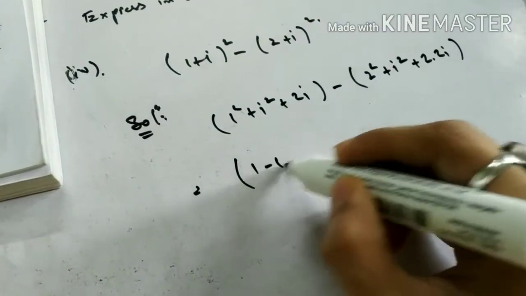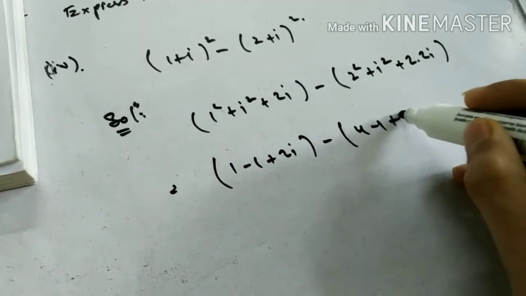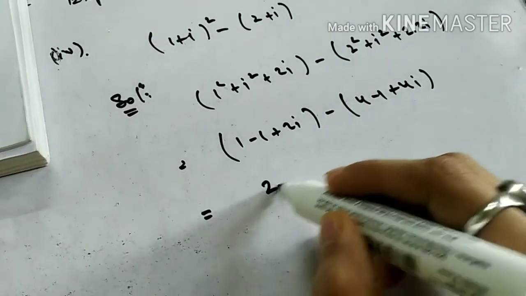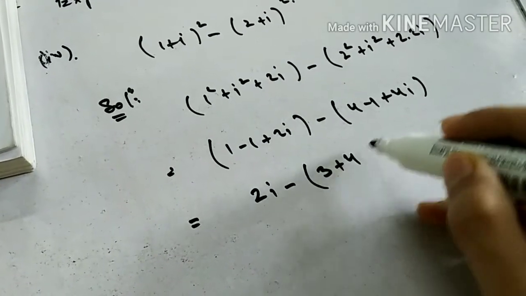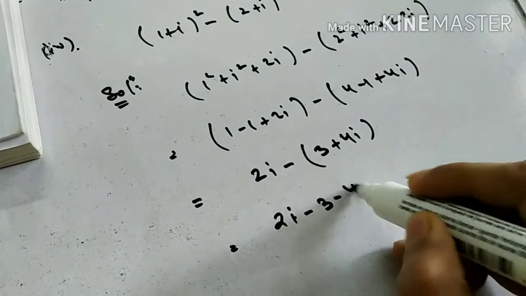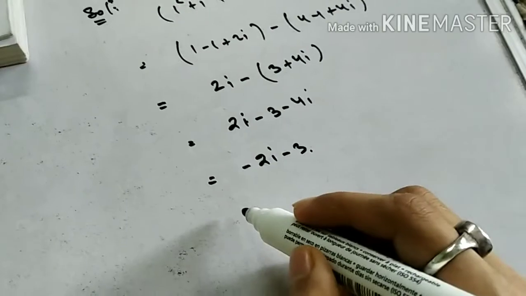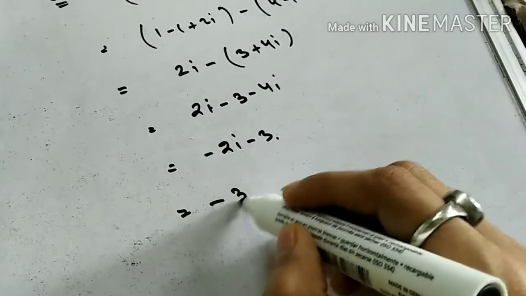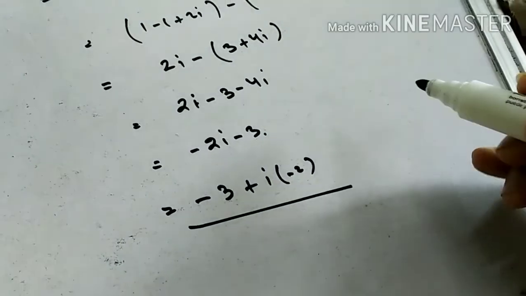So this becomes 1 minus 1 plus 2i minus 4 minus 1 plus 4i. So this becomes 2i minus 4 plus 1 minus 4i, 2i minus 3 minus 4i, minus 2i minus 3. So this I can write as minus 3 plus i minus 2. This is again a plus ib form.